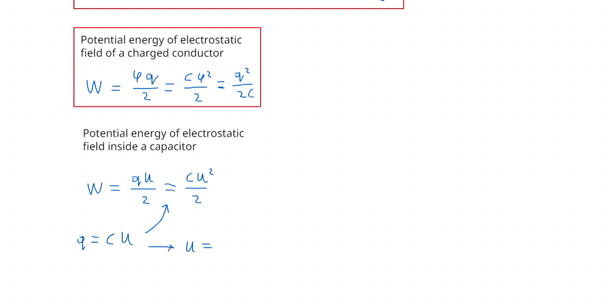And of course, we can rewrite this formula using U equal to Q divided by C, and it will be Q to the power of 2 divided by 2C.